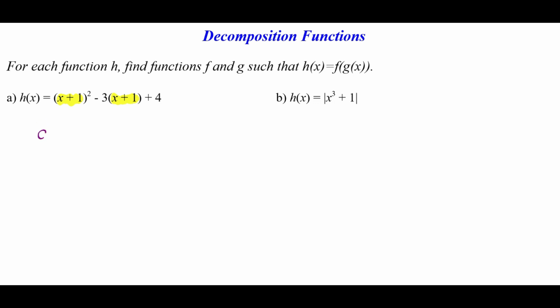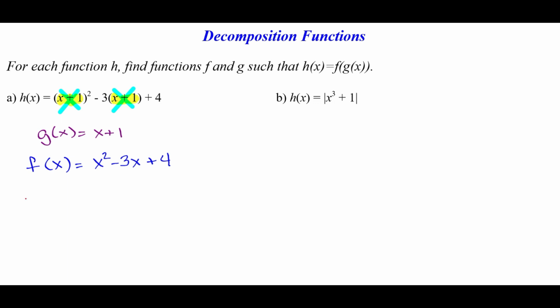So in this case, we're going to say g of x is the expression x plus 1. And then if we just think of that x plus 1 as a giant x, then that's really going to give us our outside function, which in this case is the f of x. So my f of x function is going to be x squared minus 3x plus 4.